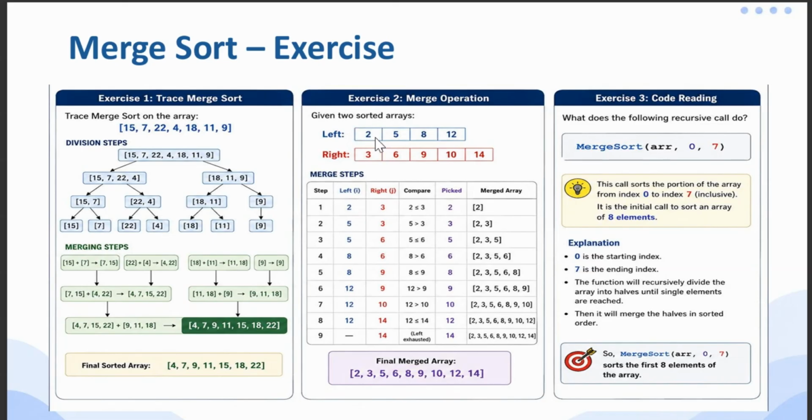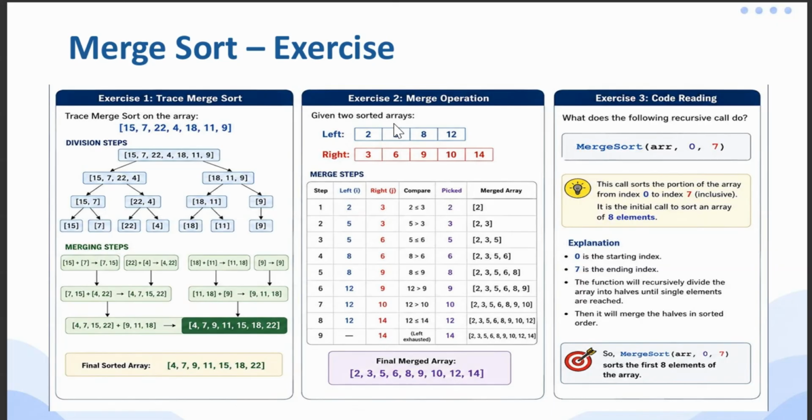So we compare these two elements, 2 less than 3, right? So we pick 2 and we create the merged array, and insert the element 2 there, right? Then the second step is, now you took the 2, now you have to move the pointer to the right.